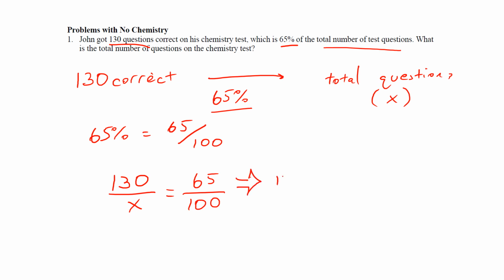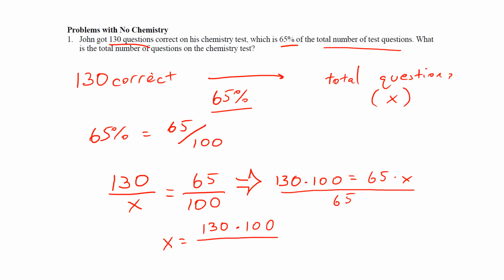So I'll take 130 times 100 equals 65 times X. Now I can get rid of this 65 by dividing by 65. So that means that X is equal to 130 times 100 over 65.